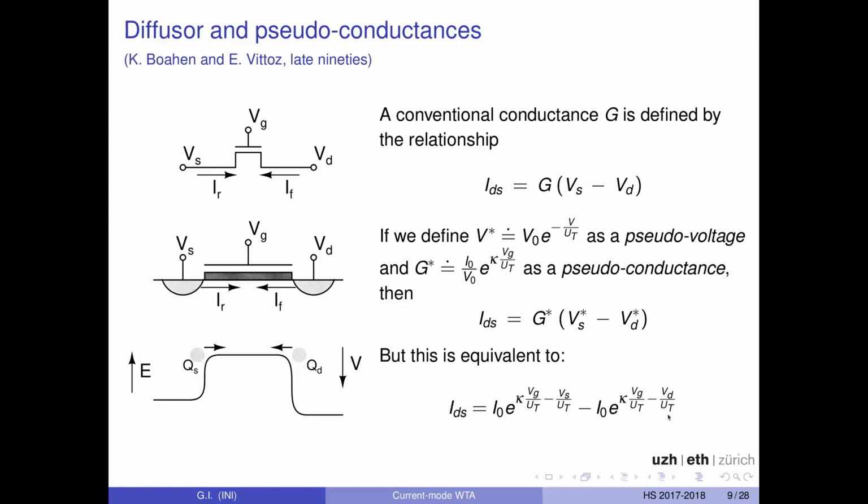And you can write this equation as a linear equation in which the conductance is multiplying the differential voltage. So this current is linear with the pseudo conductance and the pseudo voltage. That's why these subthreshold transistors in the ohmic region are translinear elements, because if you write it as a pseudo voltage and as a pseudo conductance, you can immediately see that there's a linear relationship between the current and the voltage.